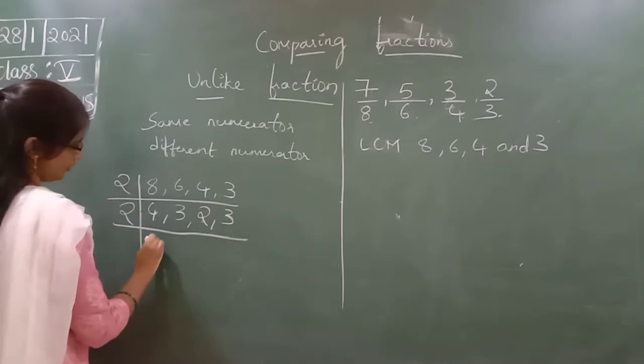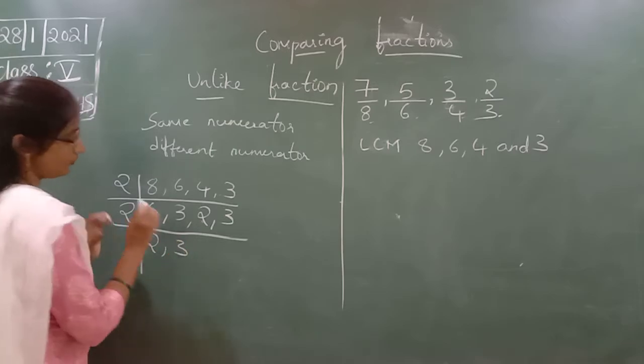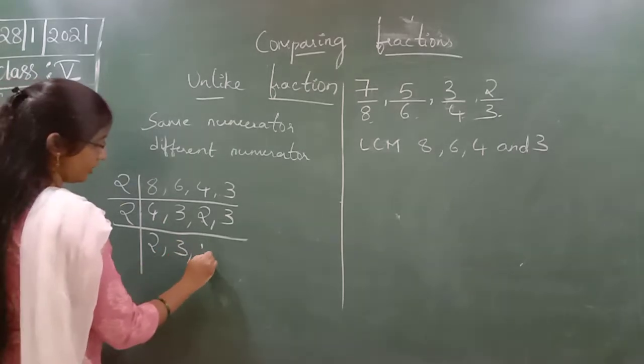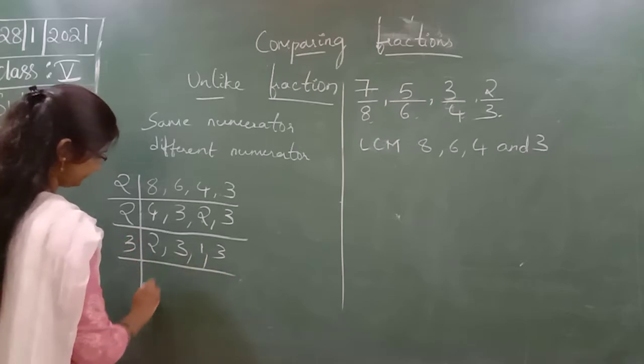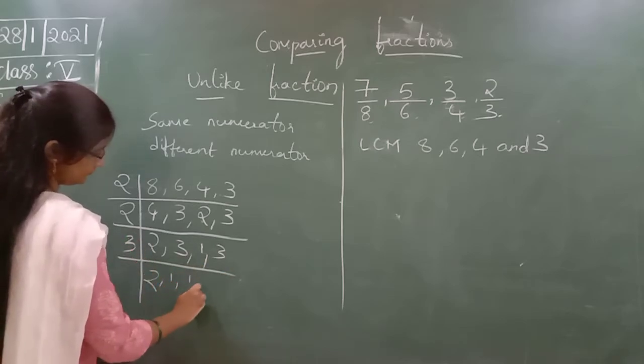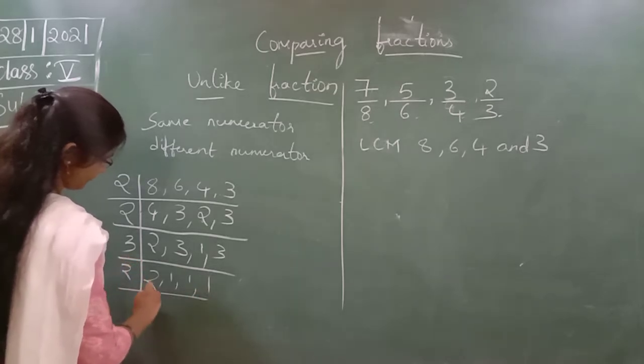Now take 2, 2 2s are 4, put 3 as the same. 1 and again 3. Take 3 and take 2.